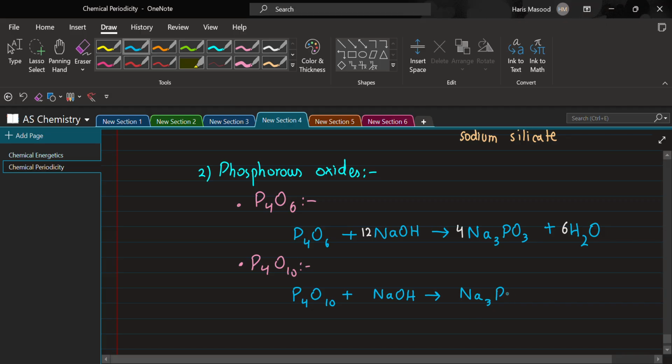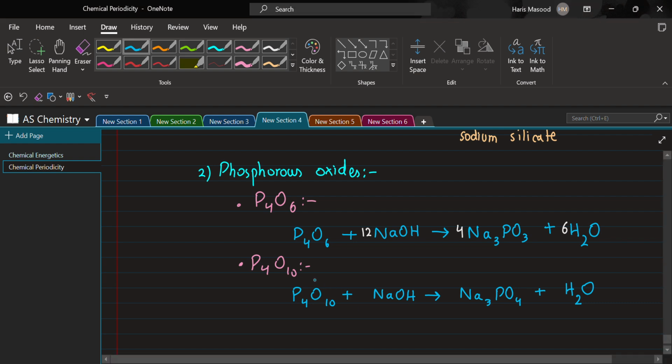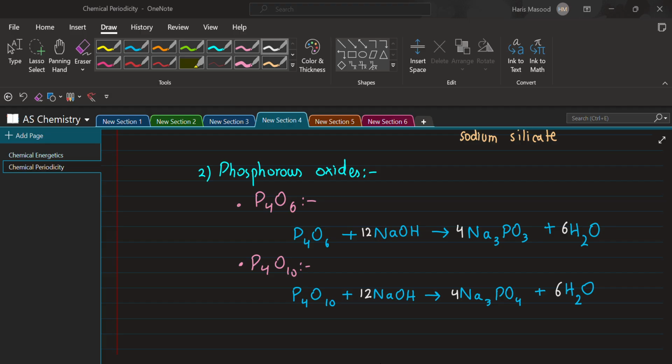Na3PO4 and water, and the balancing will be the same. That is a plus point here, that the balancing is the same. Clear?